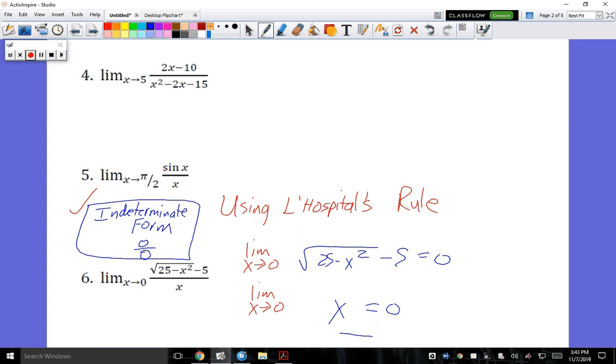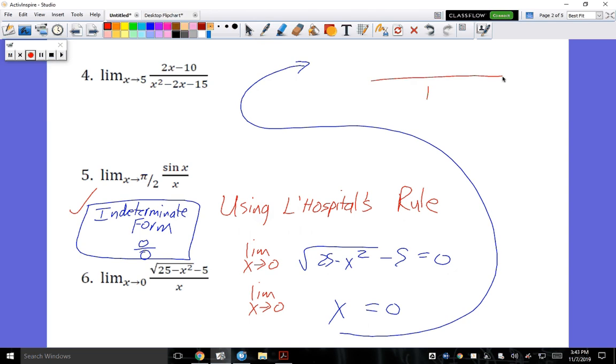Now I know I've run out of room, but down here, you would write the derivative of the top and the bottom, which is 1. That 5 zeroes out, so this is going to be 1/2 of all this to the negative 1/2 times what? Times the derivative of the inside, which is negative 2x.